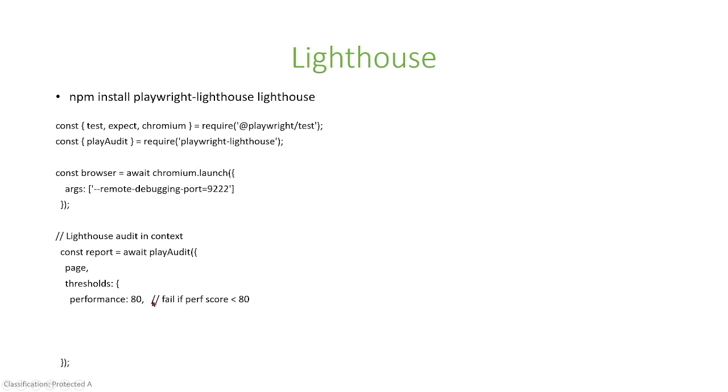Set thresholds: performance set to 80 and accessibility set to 90. You can change these and set your own score. And here you see playAudit uses this port. This port is the same thing, it should be the same.